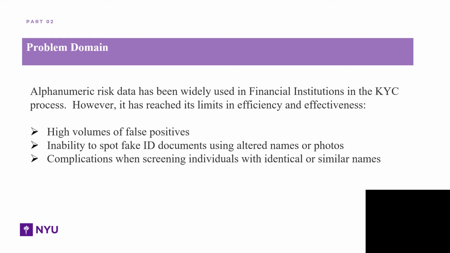Criminals use fake identification to open accounts. The third is the complication when screening individuals with identical or similar names. The issue is compounded in the case of transliteration, which is converting a name from one alphabet to another.